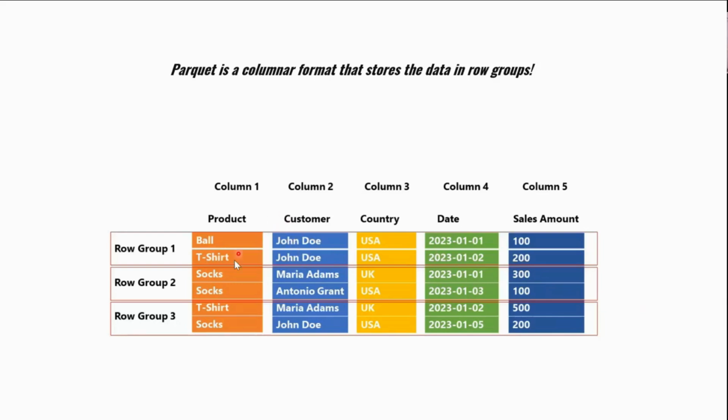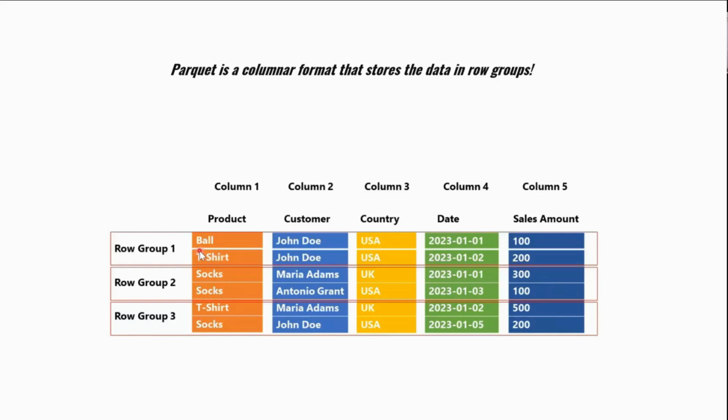values. So what happens is the engine first goes across the metadata of the row groups corresponding to the customer column. So it saw that in row group 1, the distinct value for the customer does not contain Maria Adams. Hence, it skipped this row group. So it only went to the row groups whose metadata in customer column has Maria Adams as the value.